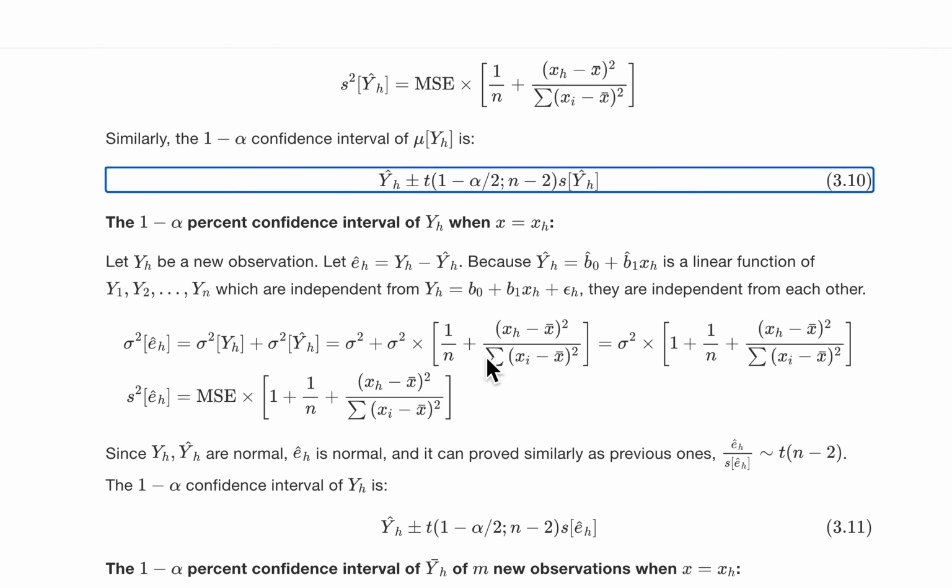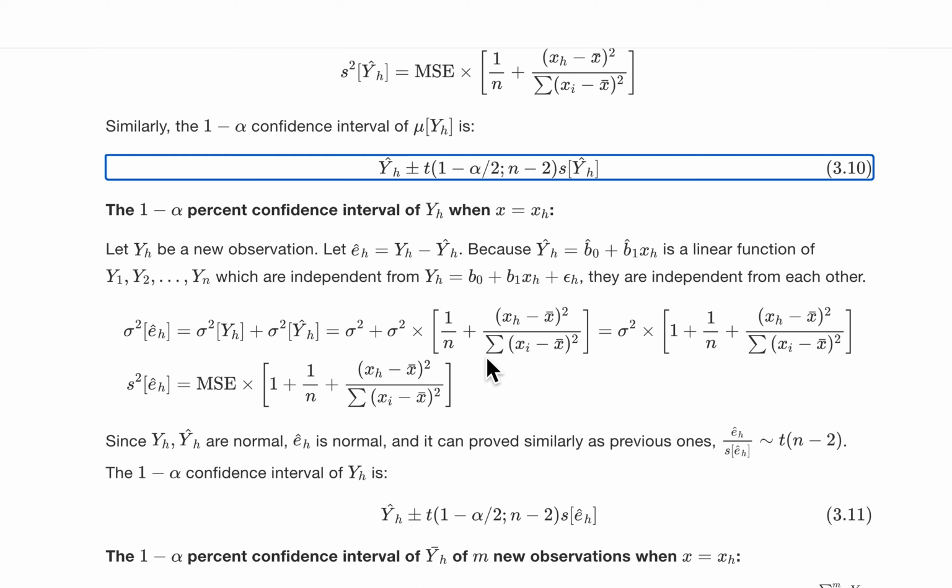And next, we can also find the confidence interval of a new observation. Let's say we want to predict a new value, not from the sample, but a new value. So that becomes a prediction of what the value will be.